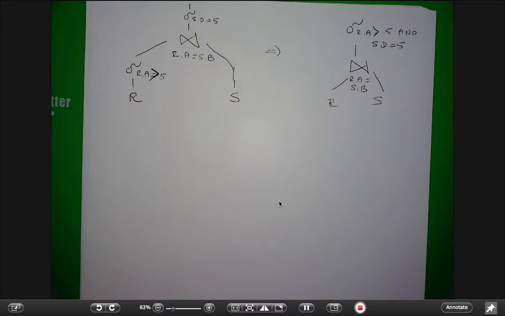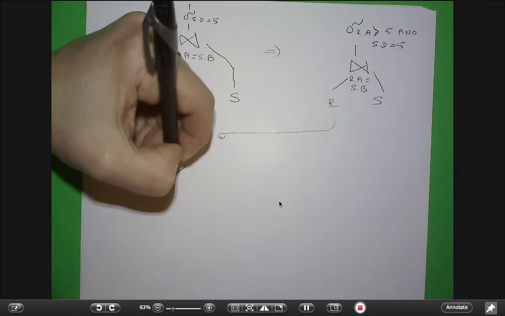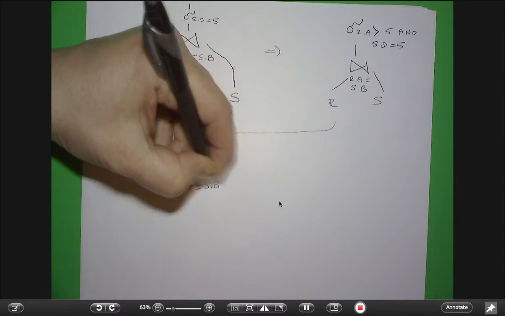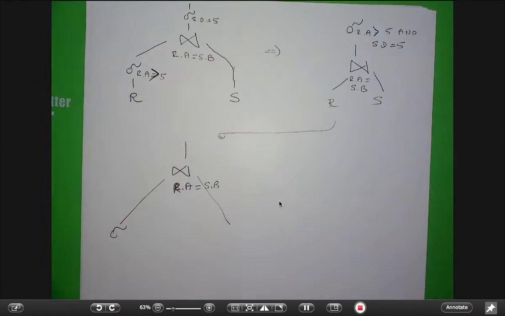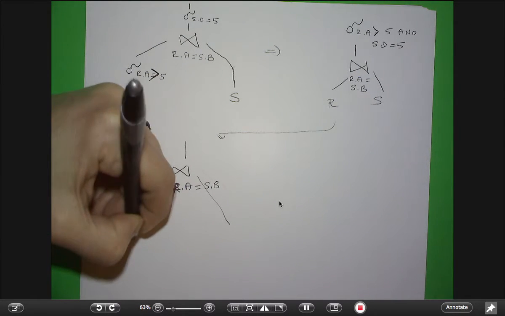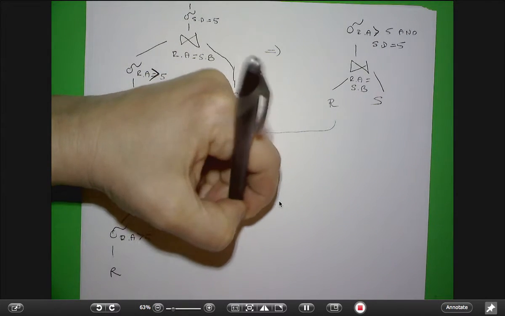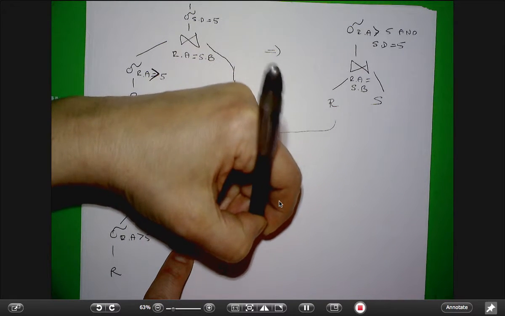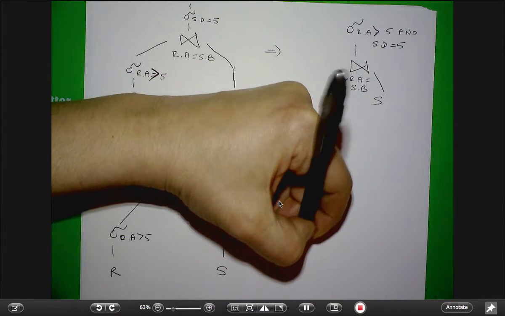Now I'm going to push the selections down, okay. So now let's push it down. So I have R.A is equal to S.B. So I have R.A is greater than 5. And here I have S.D is equal to 5. And S.B is greater than 5.